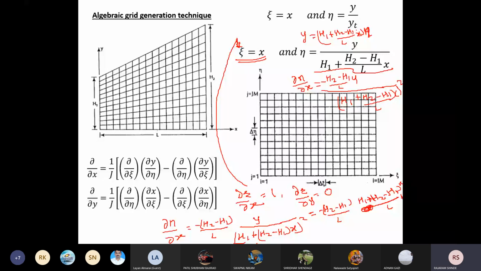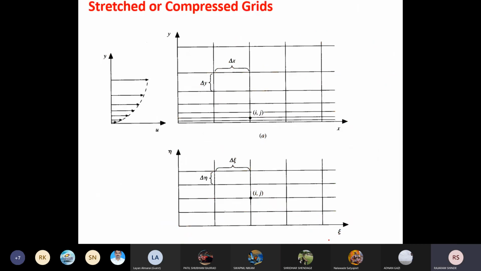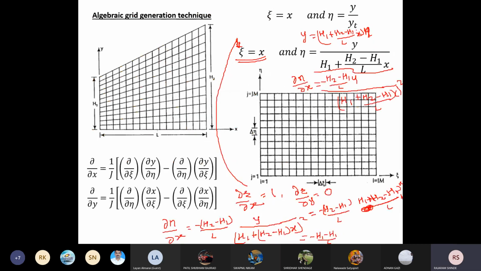Now I will write this derivative as follows; you can replace the x from this equation. You will get minus h2 minus h1 divided by L, next into, below this, the square of h1 plus h2 minus h1 x divided by L. One term from this will be cancelled with this one, so you will get eta only.